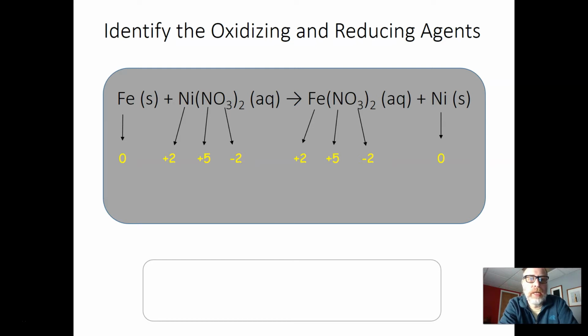And that doesn't have to be nitrate. It can be almost anything. But know that you will perform the same type of operation or calculation that you did for nitrate whenever we were working on that one in the last video. And so we find that nitrogen's a +5 in nitrate, oxygen's a -2, of course, because we always assume that oxygen's a -2. And we have nitrate on both sides, so if it's the same on both sides, it's going to have the same oxidation numbers.